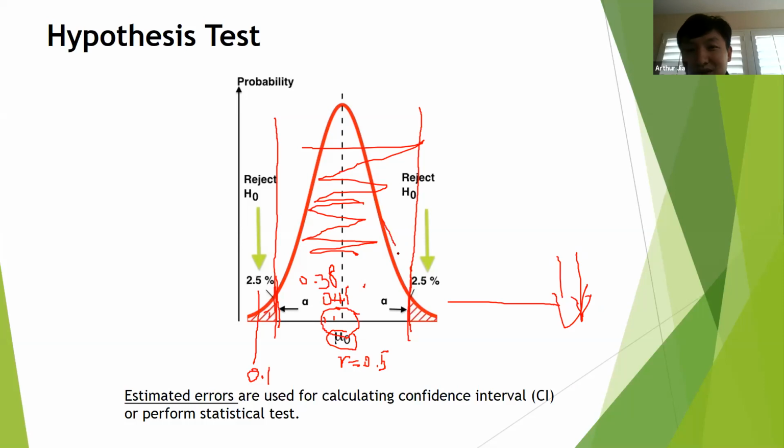If you extend this, the chance of getting this value is extremely low, right? So we always define a significance level, which is the shaded area here, and use this as a criterion to help us do the statistical test. Am I clear?